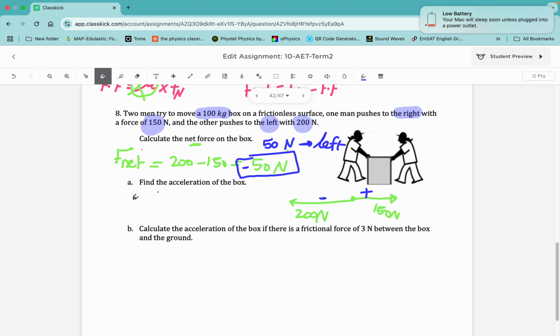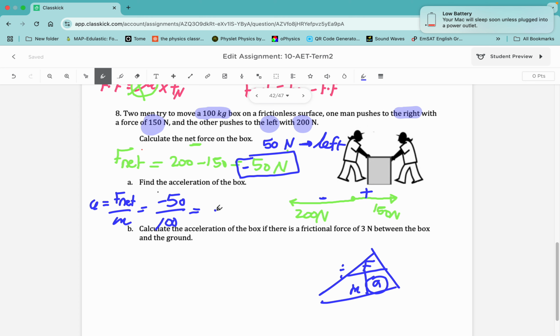Find the acceleration by using Newton's second law, net force equals m times a. So acceleration will be the net force over mass. Our net force is negative 50 over a mass of 100.